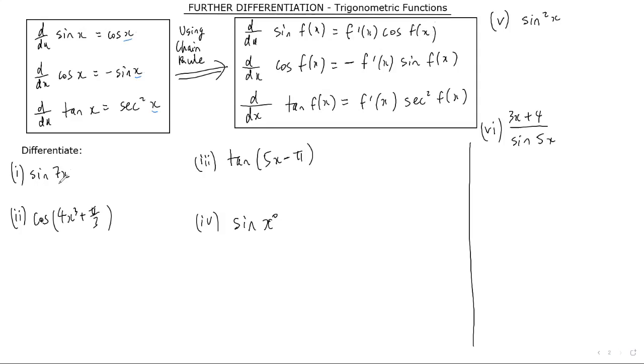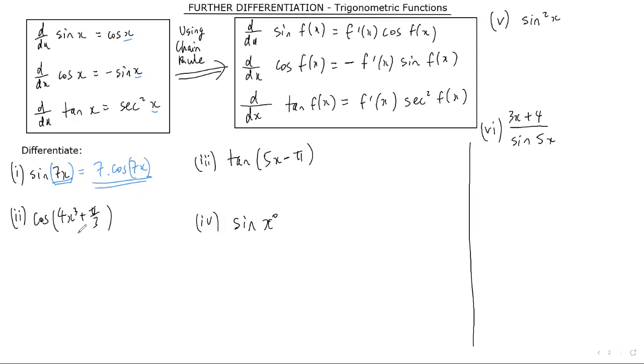So for example, in this particular case, the function is 7x, right? Derivative of 7x would be equal to 7. So that comes out front. And then it's going to be cos, the function itself is 7x, so it's just 7x. And so derivative of the function times cos of the function itself, so just 7x.